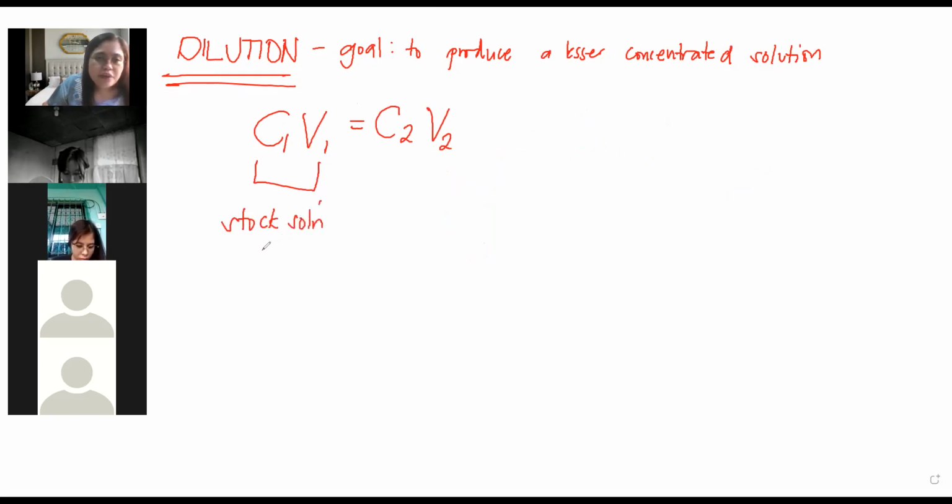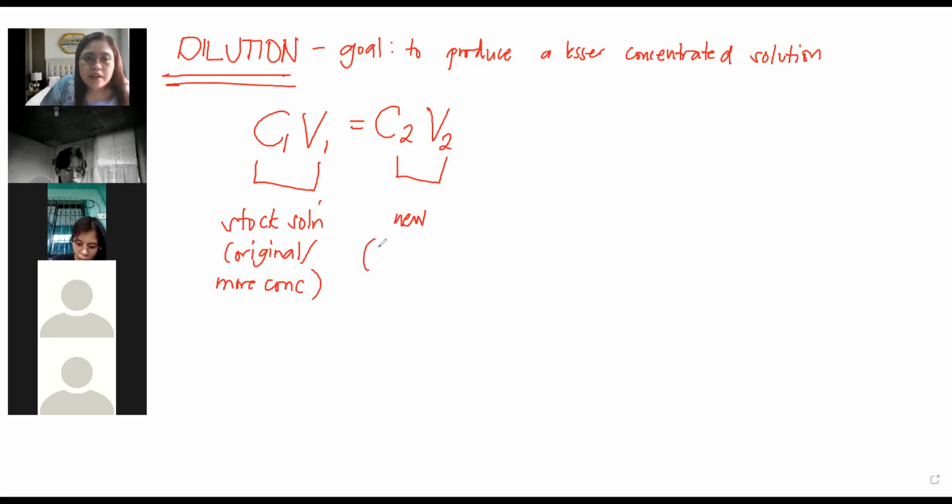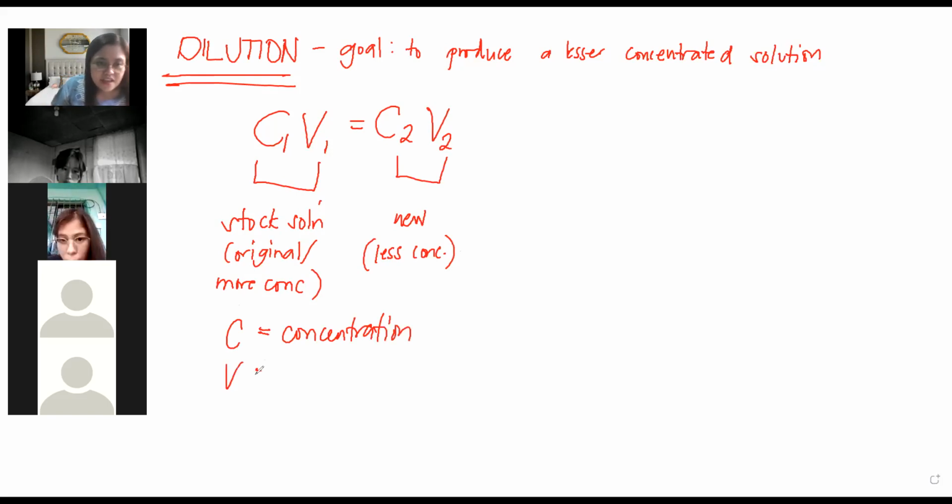Or in other words pa, this is our original or more concentrated na solution. While this part here, C2V2, is for our new solution or our less concentrated na solution. The C there is the concentration and the V is the volume.